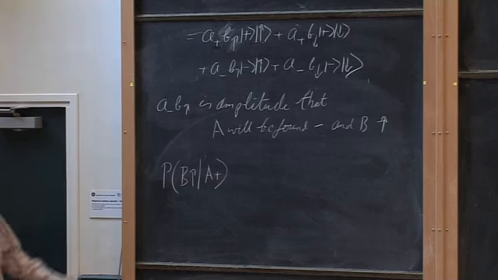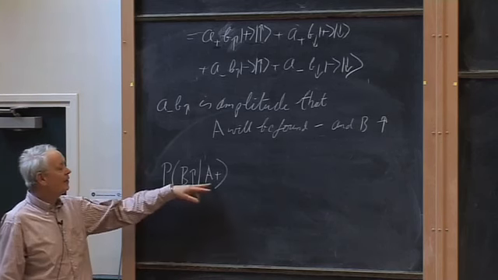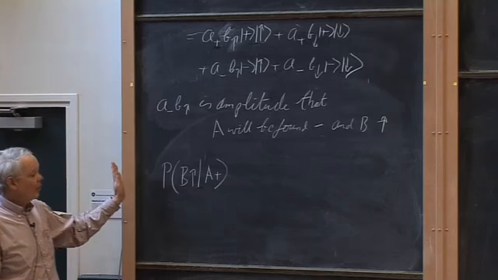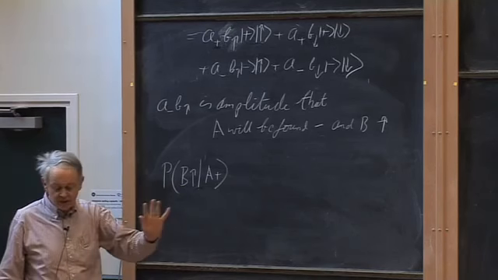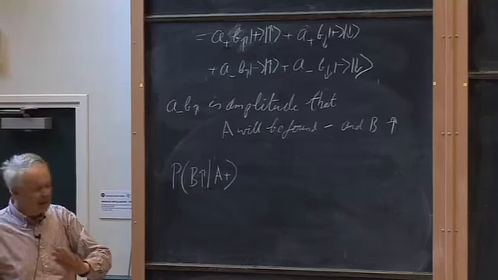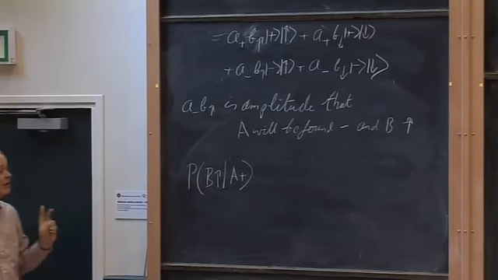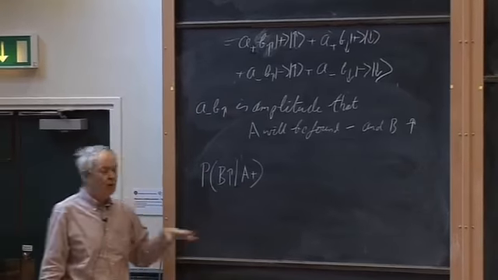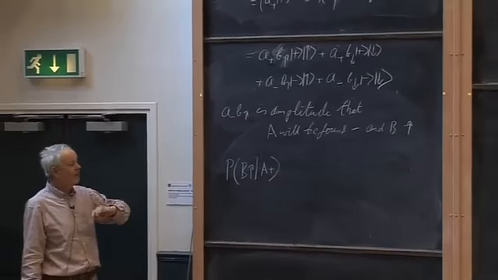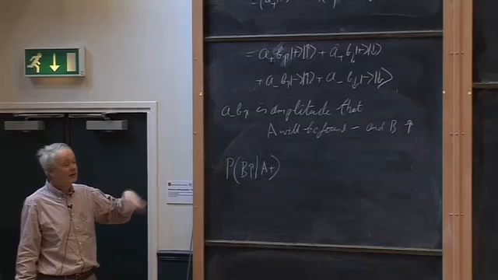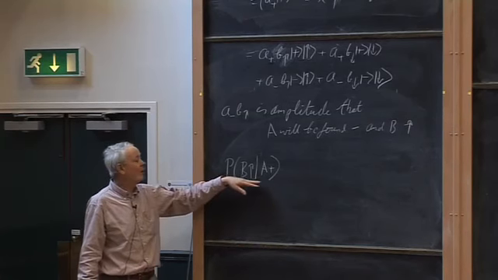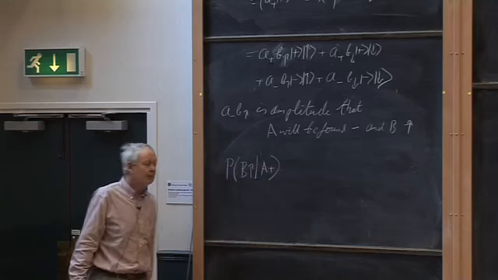This is a reasonable question. We've measured and found that A is up. And I now want to know, suppose I measure B's property, I found that A is plus, will I find that B's property is up or down? This is going to be the probability that given that I am where I am, B will be found to be up.